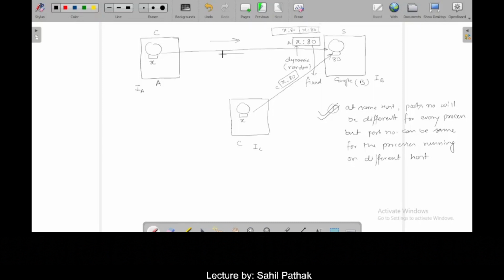If I only send the request like this, by setting IA as the IP address of the sender and IB as the IP address of the receiver, similarly here, if we send IC, the IP address of this sender, and IB as the receiver's IP address, then by saying only this, it will reach up to here, but again the question is which process it has to go to. That will be a question.